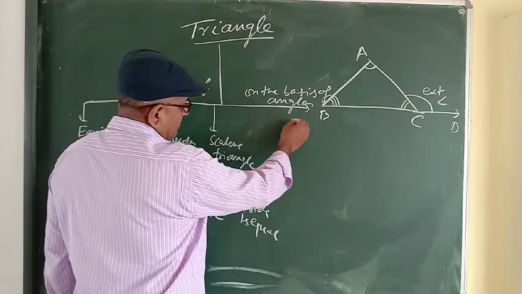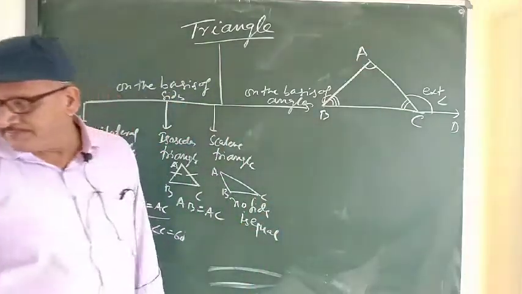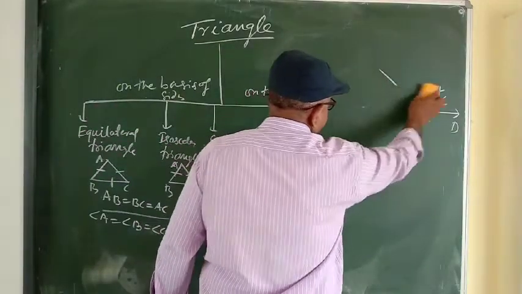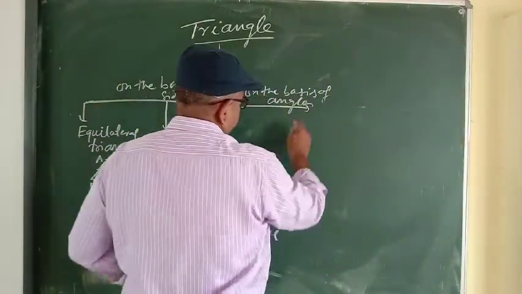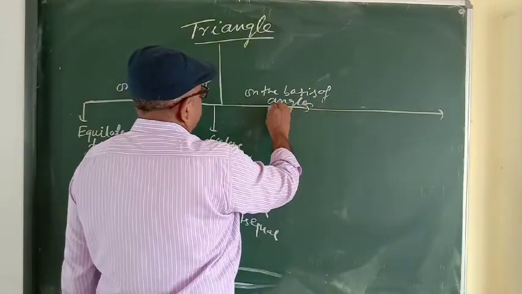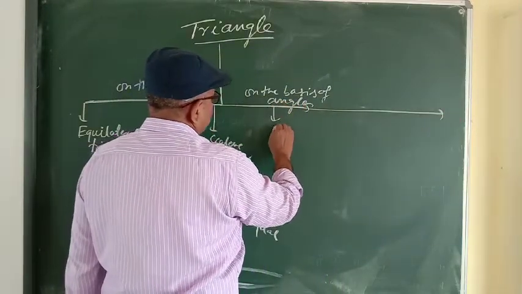Now we will see 3 types of triangle on the basis of angles. So first one, acute angle triangle.